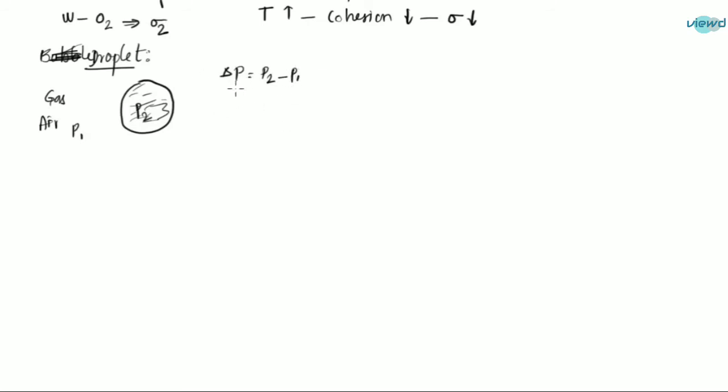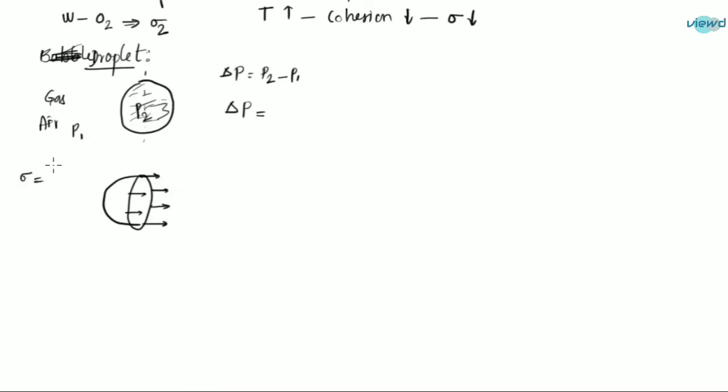In order to find the difference of pressure, the surface tension can be used. Delta P is equal to, let us derive this. If we cut this along this section, there will be surface tension on the surface. So what will be the surface tension?